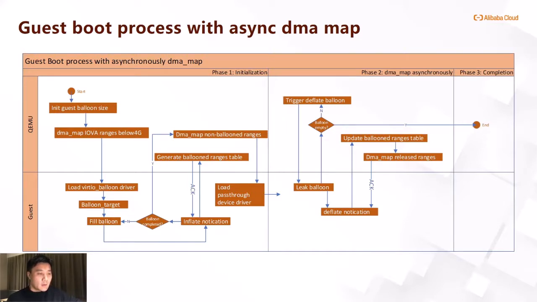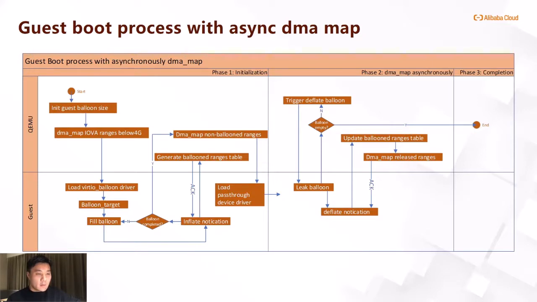After the balloon process is finished, the host will know all the balloon memory ranges. Since the balloon memory won't be allocated by other devices, DMA won't happen in these ranges. So QEMU only needs to map the memory ranges beyond the page table. Then the pass-through device driver is loaded as usual.